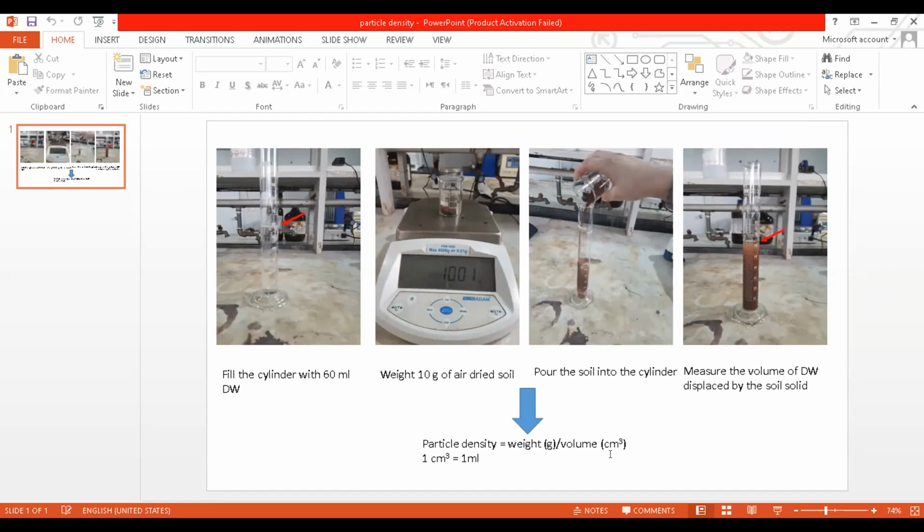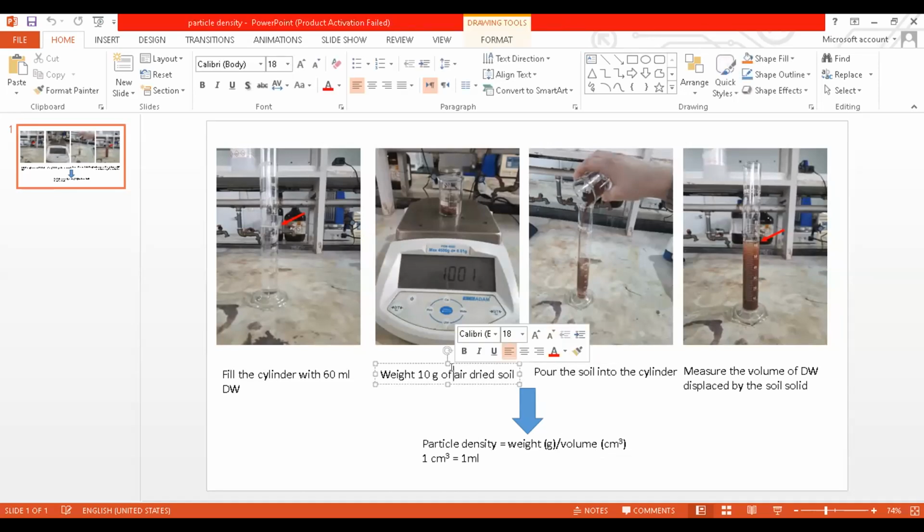I did this with the air-dried soil because I cannot put it in the oven overnight. It should be overnight, right? At 105. Yes. Okay, so we have to fix it.